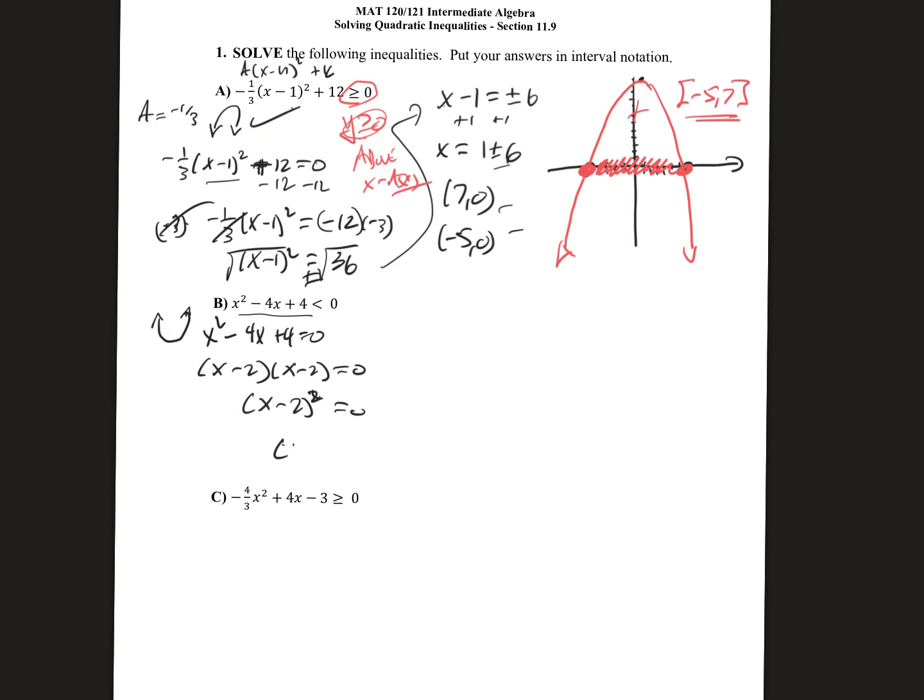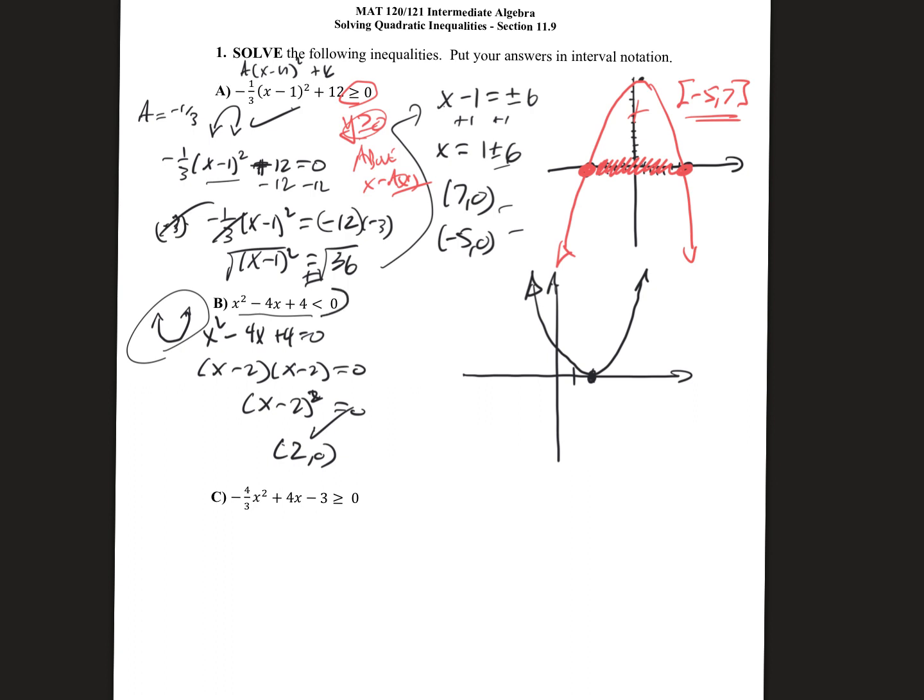And so we only have one x-intercept. Since we only have one x-intercept and I have a parabola, that must mean that when I go graph this parabola, the x-intercept is serving as the vertex. And so there's basically a quick sketch of this particular graph.